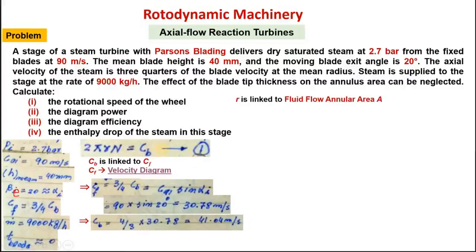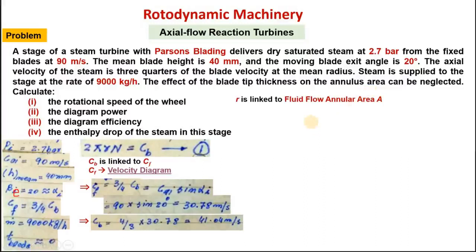Now in this equation we have now calculated CB. The next important parameter which needs to be determined is R. What is R? R is the mean radius of the wheel, and this radius is linked to the fluid flow annular area, which we just drew.